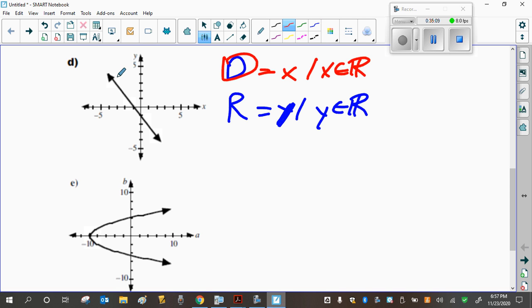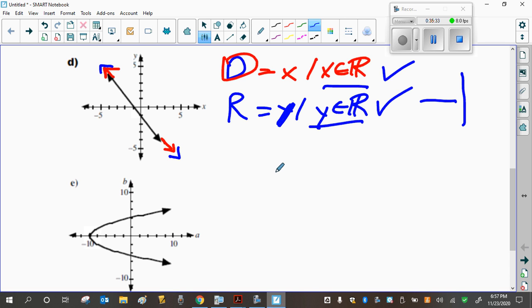Because it goes forever left and forever right. It also goes forever up and forever down. So straight lines that are not vertical or horizontal, these are always the answers for any straight line that is not straight up and down or straight sideways. And that's the answer for every other line.